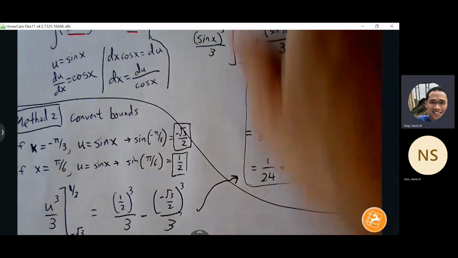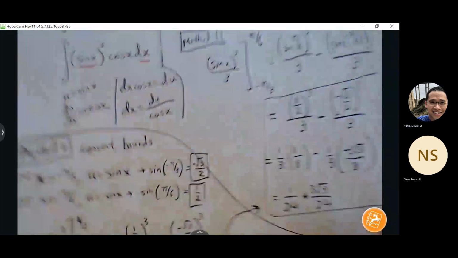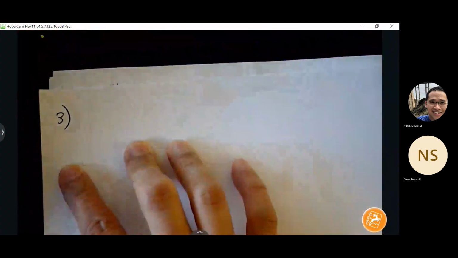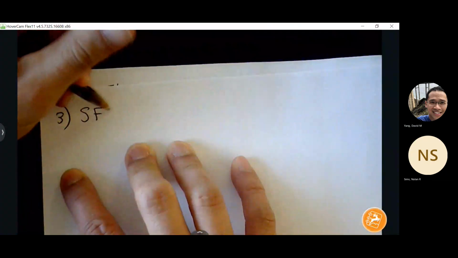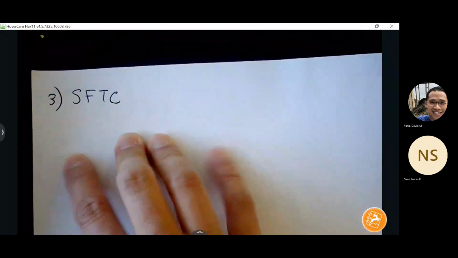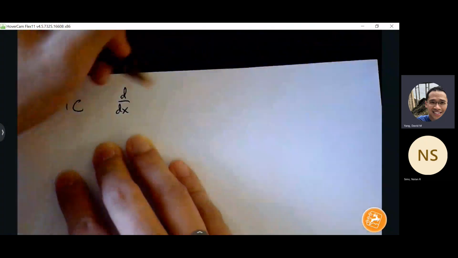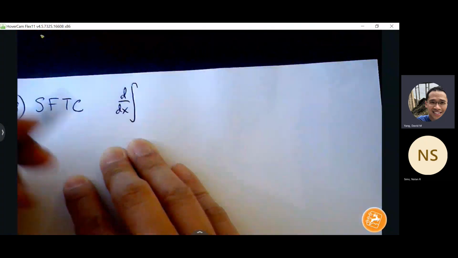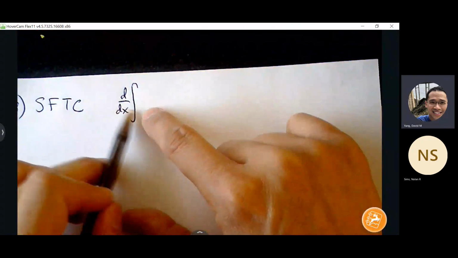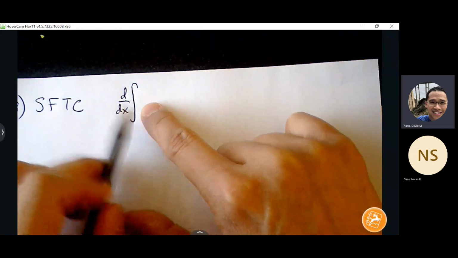Let's try a second theorem problem. So here's the rule here. The rule says if I have the derivative of a definite integral, so we can only do this if a derivative and integral are attached to each other.